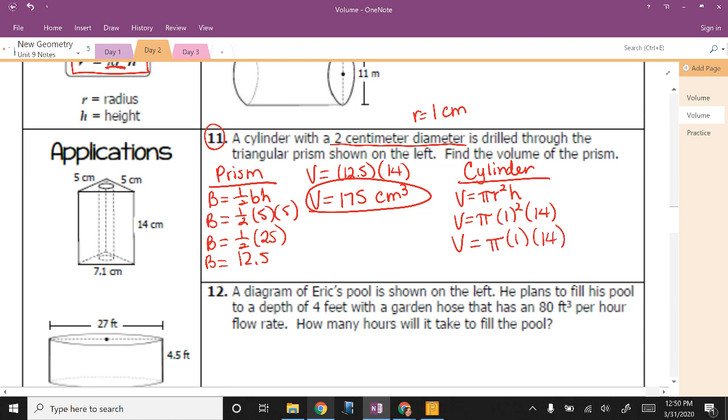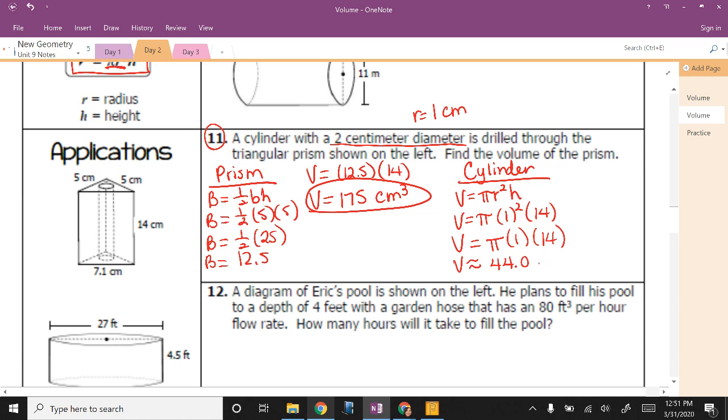So basically 14 times pi. So I'm going to use my calculator. Again, you can use 3.14 for pi if you do not have a pi key. And I'm getting that the volume of the cylinder is approximately 43.9. I'm going to round that to 44.0 because it's 43.98 on my calculator.